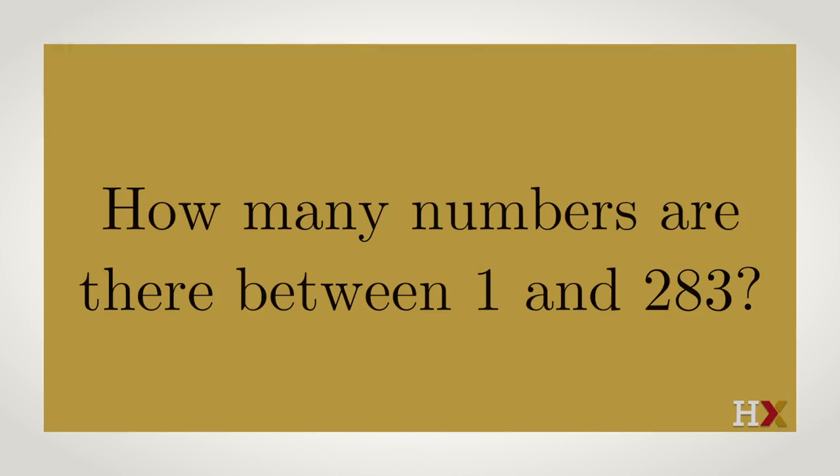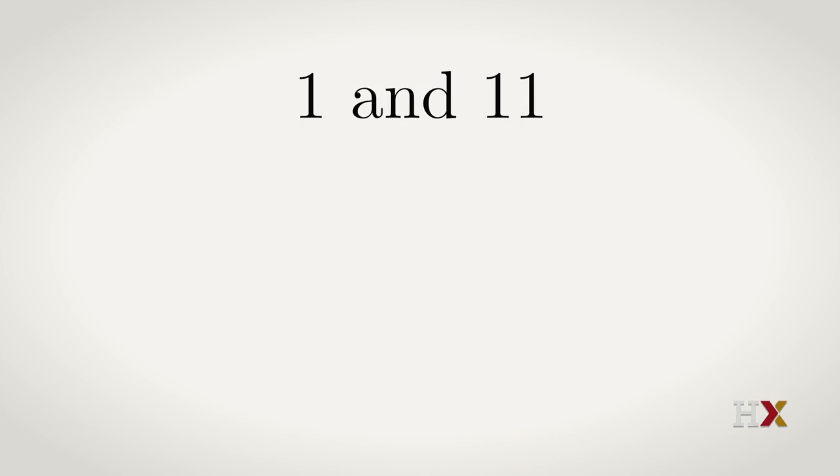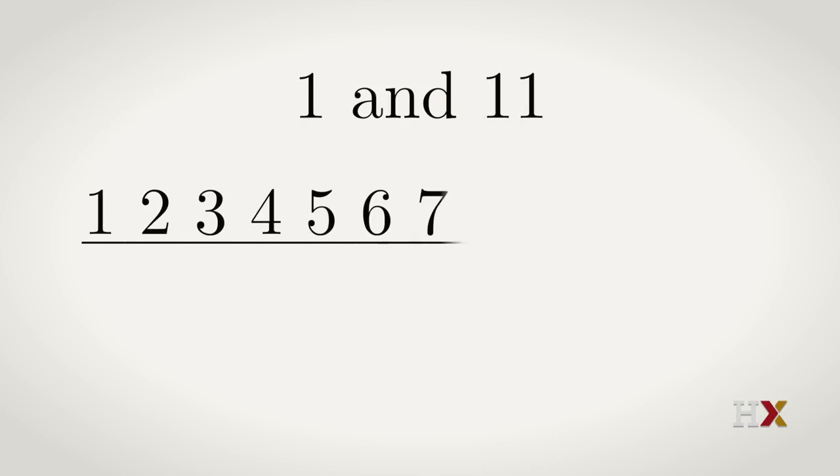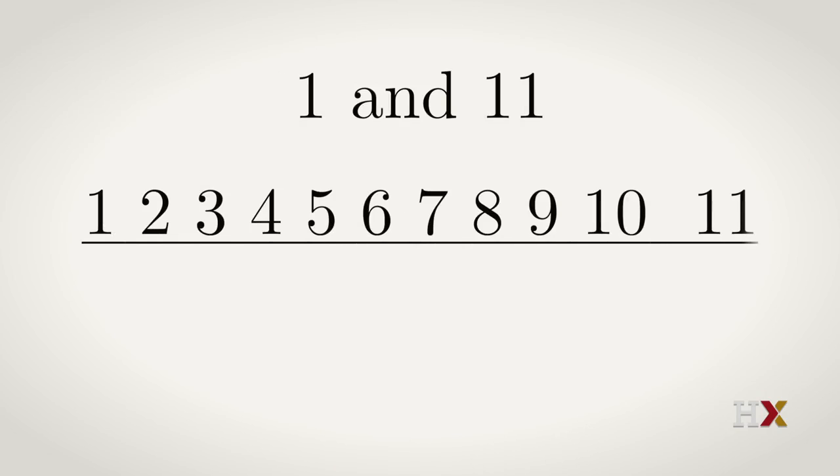Great. But then suppose I asked you, how many numbers are there between 1 and 283, including, as usual, 1 and 283? Well, we don't have enough fingers to do that. But we can figure out the answer by working up to that more difficult problem through a sequence of simpler problems. Between, for example, 1 and 11, they're the 10 numbers that we've counted out between 1 and 10, and one more, 11.